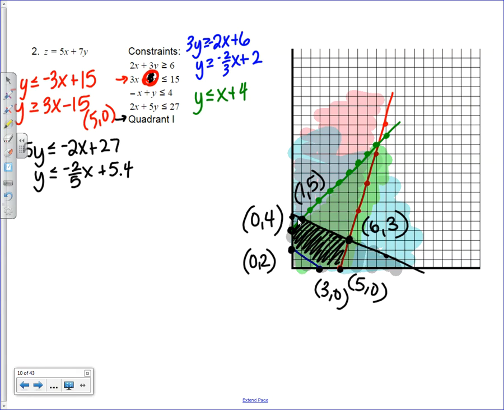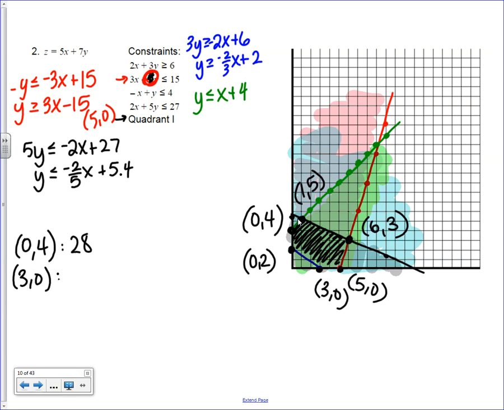All right, so we got lots of points, but notice these are all nice points, so I don't need to do any of that business of setting them equal to each other to find where they cross. We're just going to plug these into our objective function now. So (0, 4) will be 5 times 0 plus 7 times 4, which will be 28.